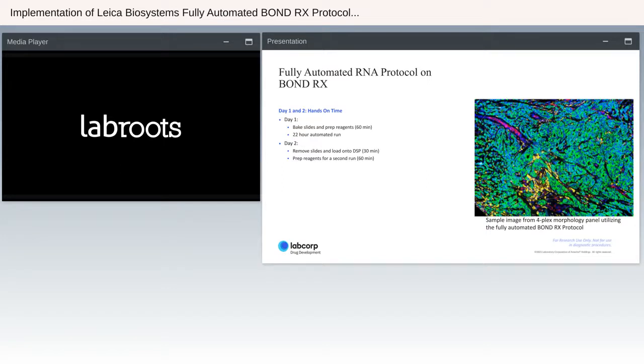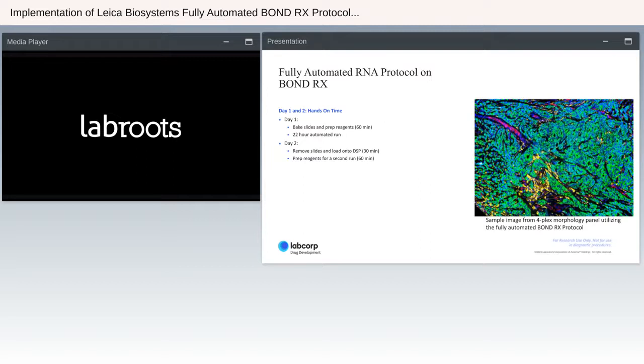And then on day two, the slides come off. It is just a removal of the slides from the instrument and right onto the DSP. So at that point, we can actually prep reagents for a second run, get 4 more slides on, and start that 22-hour run while we're doing ROI selection on day two for the slides from the run before.